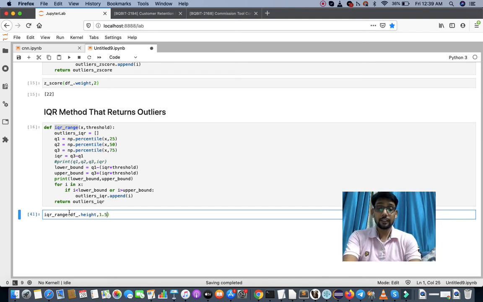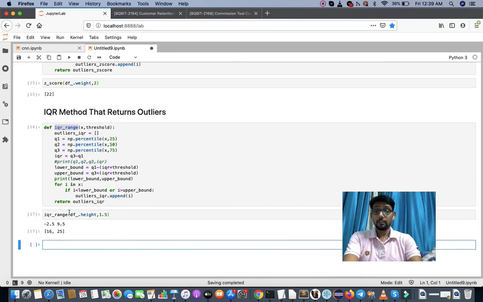I'm going to pass df_.height, and as a threshold I'm going to pass 1.5. I have told you that this is a well defined threshold value. So the lower bound value is minus 2.5, the upper bound value is 9.5. Any value below the lower bound and any value above the upper bound would be an outlier.